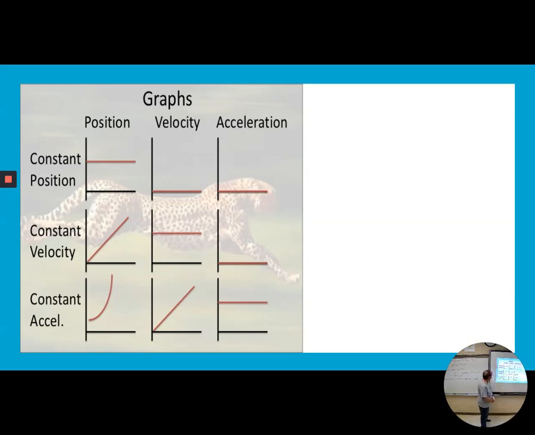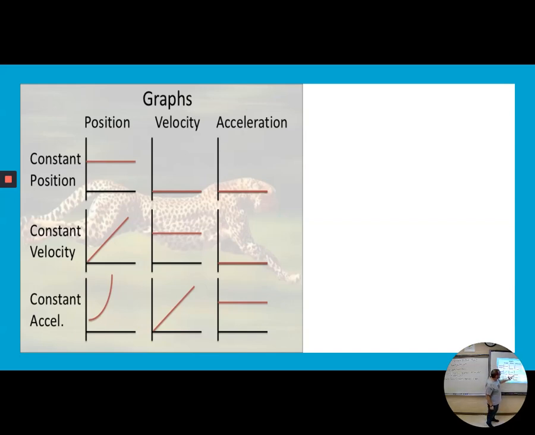If you're at a constant velocity, you've got a positive slope or a negative slope. If it is a line like this, and not a curve, it means that your velocity is going to be a straight flat line. It's not going to be on 0 anymore though. It's either going to be positive or negative depending on the direction that you're moving. This is above the line, so you're moving in a positive direction.